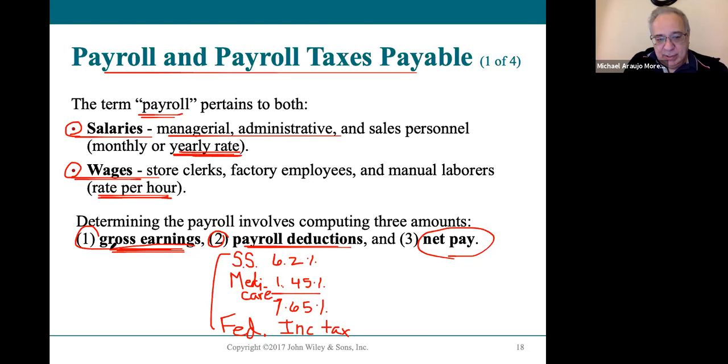Your net pay is simply the gross earnings minus all these deductions, both mandatory and voluntary. So this net pay basically comes down to checks that you want to cash, right? Or direct deposits, which require the employer to have cash. So literally, an employer only needs enough cash to meet this part of the payroll. Okay, and you'll see that.